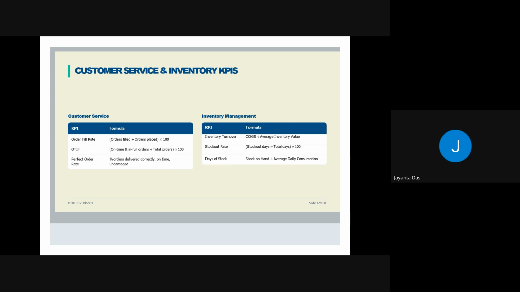These are given in detail in your material. What we mean is whether the orders are provided in full, whether they have been provided on time, and the percentage of orders delivered correctly, on time, and without any damage. These are the things you have to identify and measure for customer service.